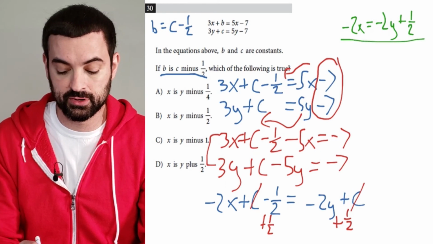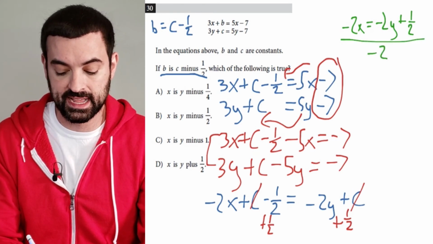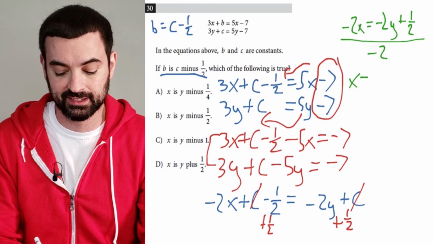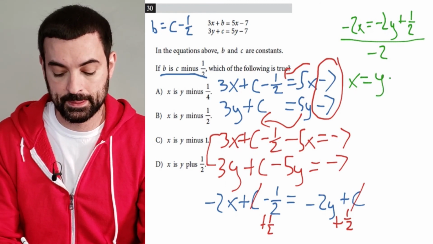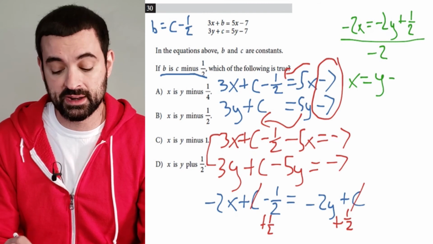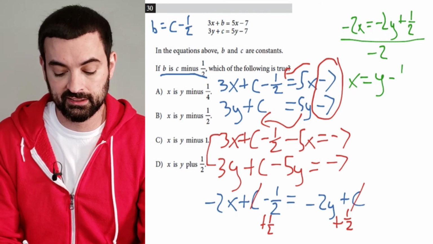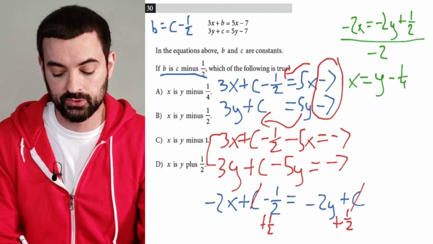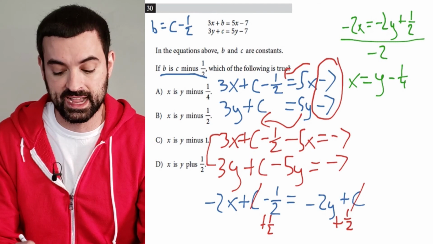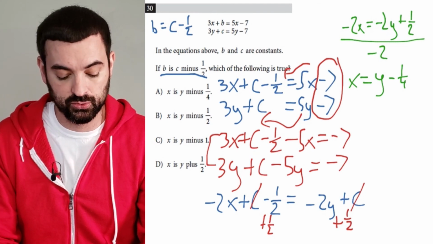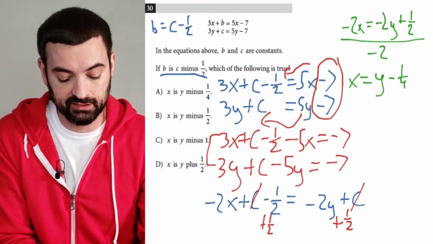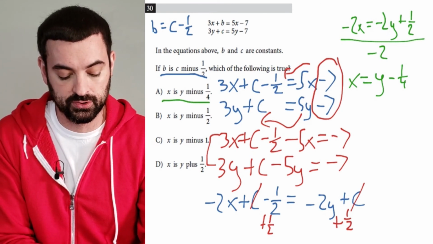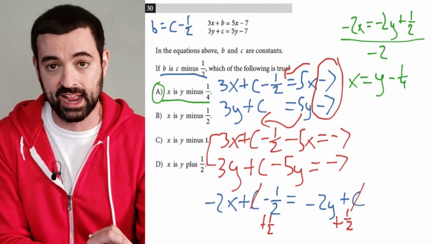If I divide both sides by -2, I get x equals positive y minus 1/2 divided by -2 is -1/4. So instead of this being positive, I'll have a negative down here. X equals y minus 1/4. X is y minus 1/4. That means A is your answer.